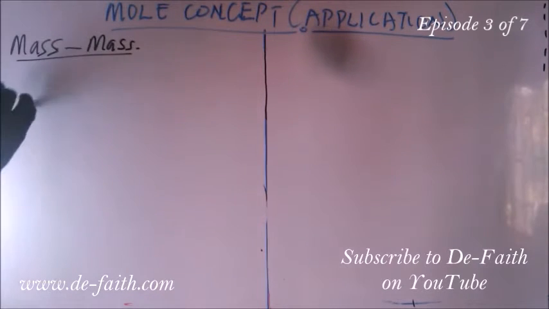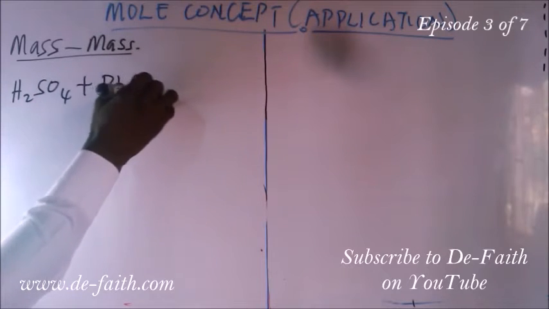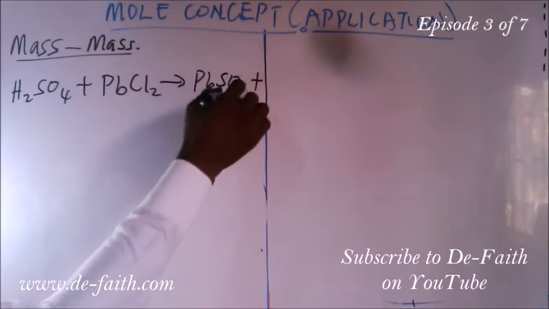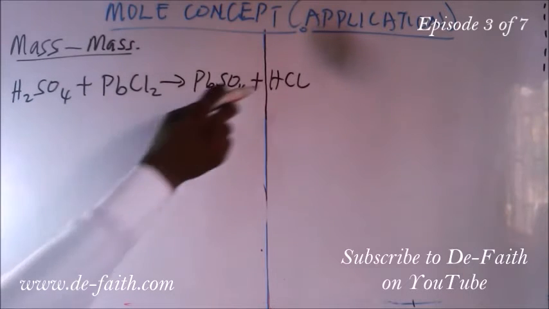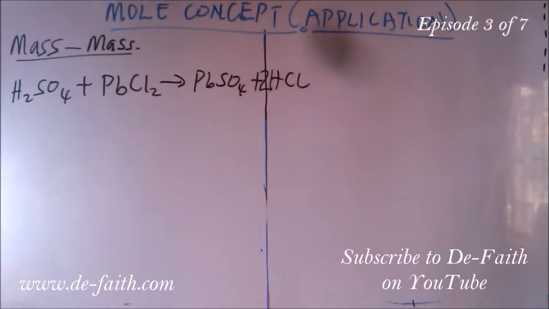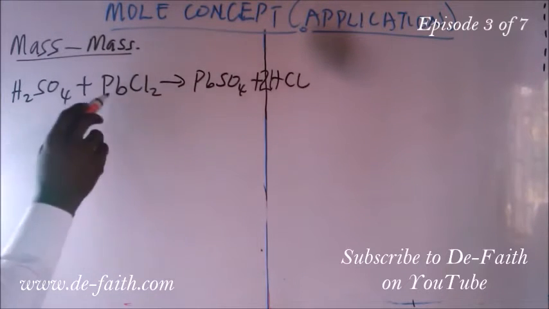We're told that tetraoxosulfate 6 acid reacts with lead chloride, and that will produce PbSO4 plus HCl. Next, we'll check to balance our equation. We have 2 atoms of hydrogen here, we have 1 here, so we could place 2 here, and that balances the equation. So 2 hydrogen, SO4, lead and lead.